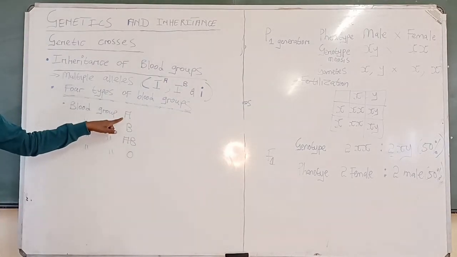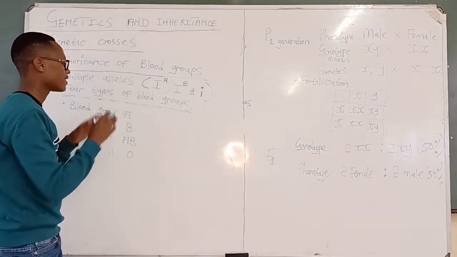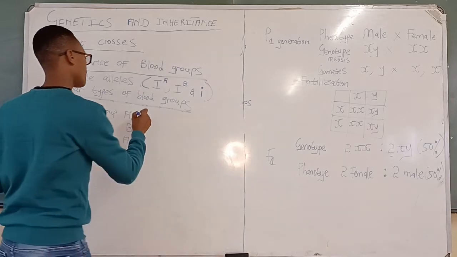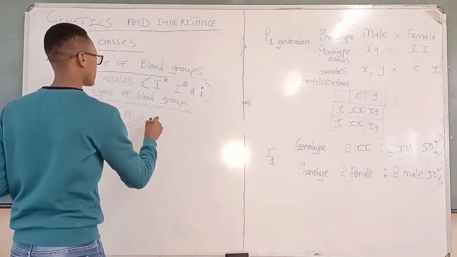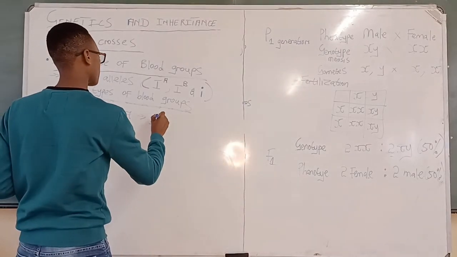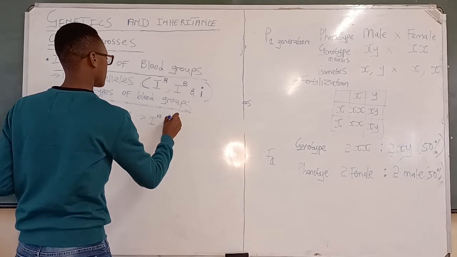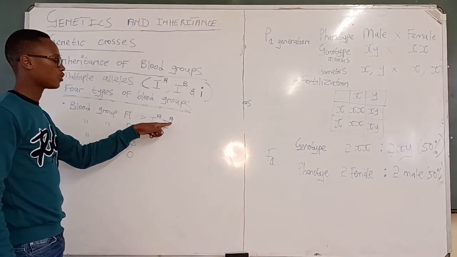In blood group A, the alleles have to combine in this particular way. When the alleles combine during fertilization and become homozygous like this, you can see that they have the same A at the top.